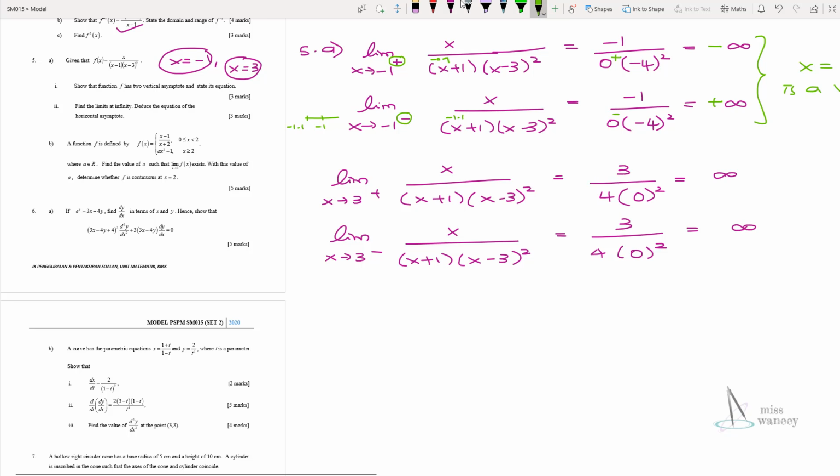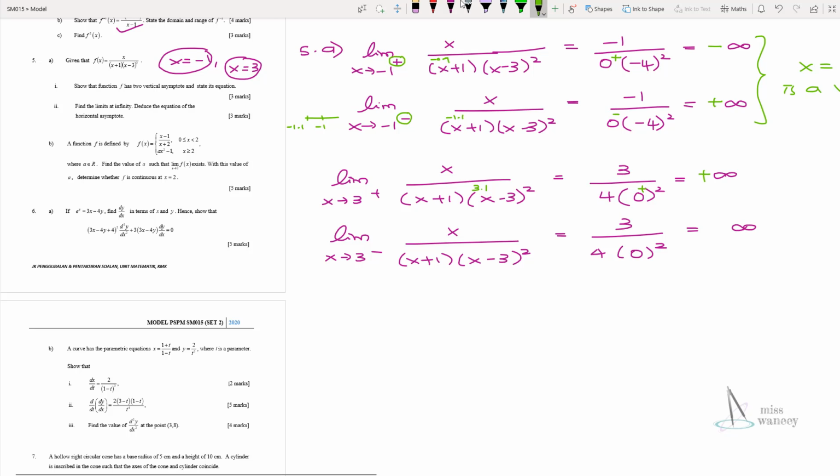For 3 on the right hand side, I have to add 0.1, so perhaps try 3.1 minus 3, so this is 0 with a plus. Then you square that number, so it is positive, positive, positive, so everything gives positive infinity.